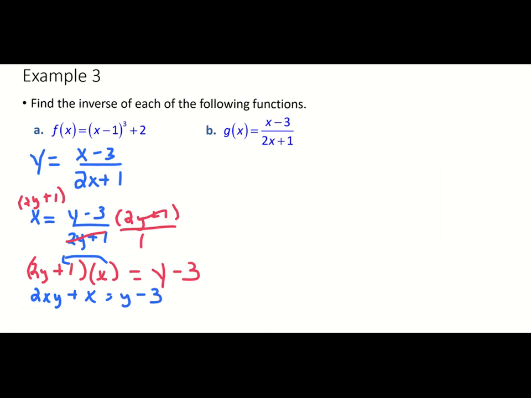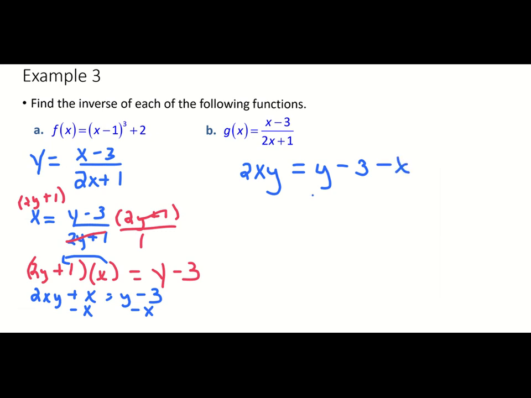And then we're going to move both y terms to one side and the x term to the other. So let's start by subtracting x from both sides. And when I do that, I'm going to end up with 2xy is equal to y minus 3 minus x.